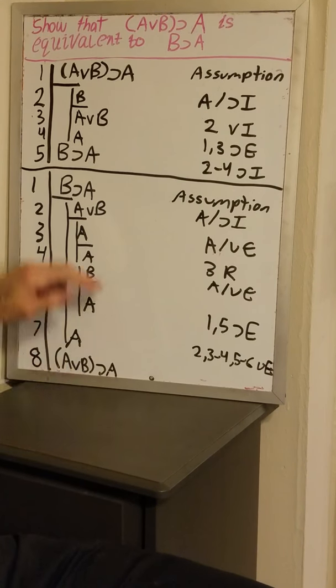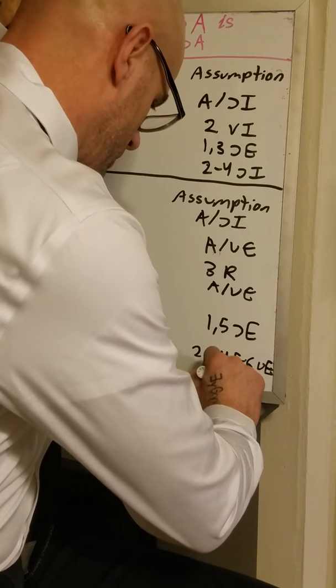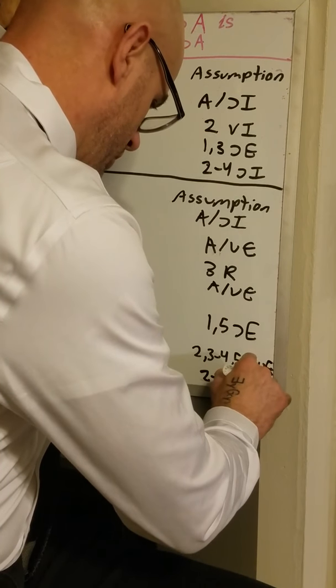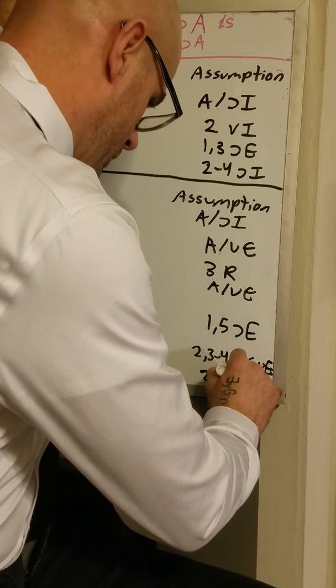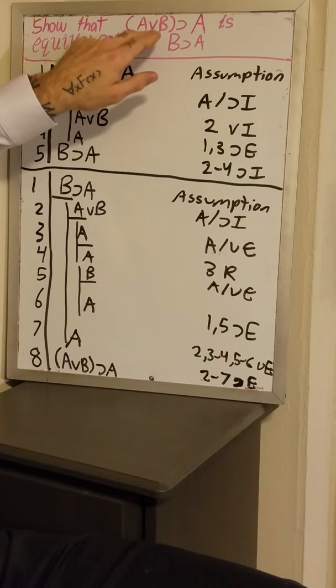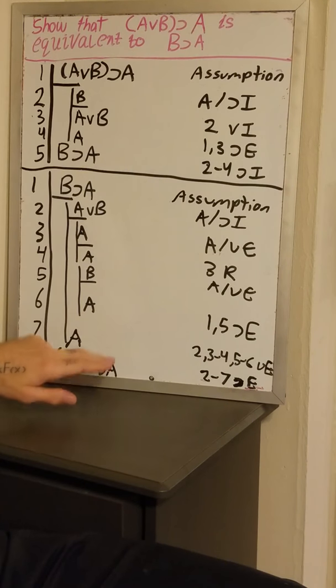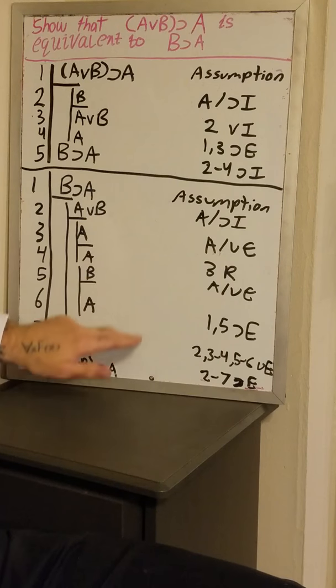We have our conclusion by conditional introduction, lines 2 to 7. We've successfully shown that what's called the left to right equivalency holds and the right to left equivalency holds, which is this here.